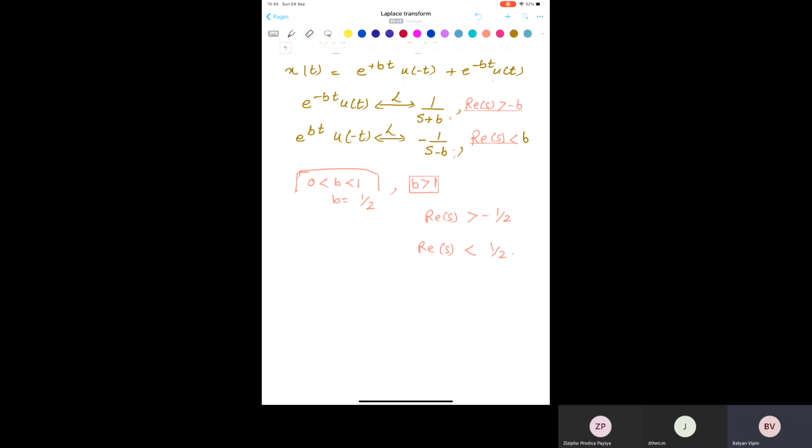So in this range, what will be the region of convergence? The region of convergence, if I draw it like this, if b is between this, then there will be a minus b here, and there will be a plus b here.